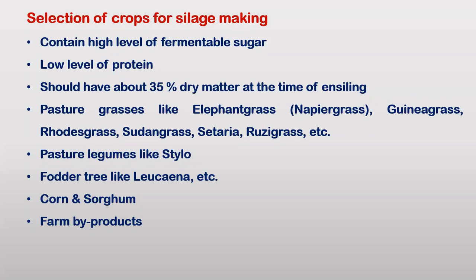And fodder trees like Gliricidia we can also mix while preparing the silage, but it should not be a sole selection. We can mix it in a certain amount. Corn and sorghum are the best crops for making silage. And farm byproducts we can also mix in a certain quantity while preparing the silage.